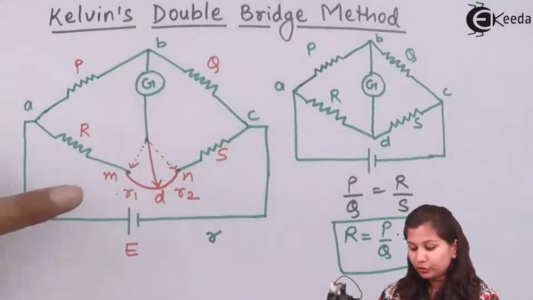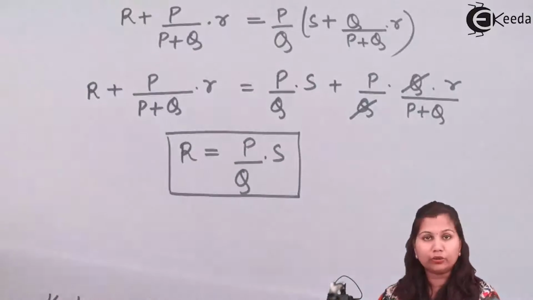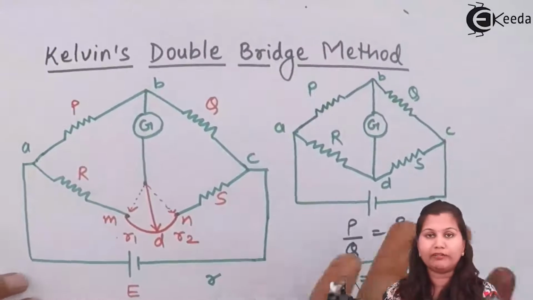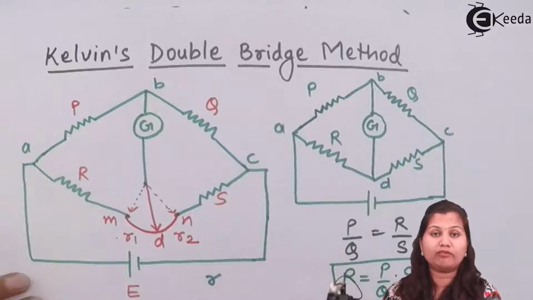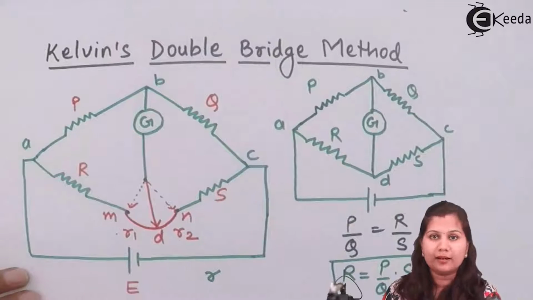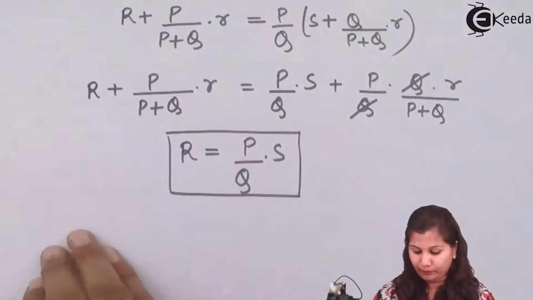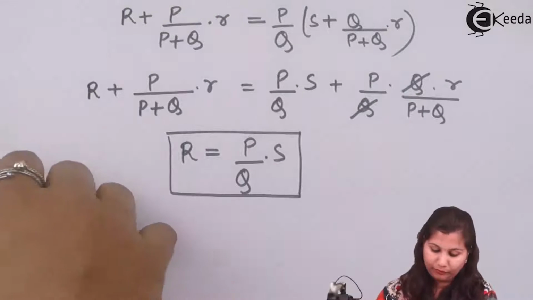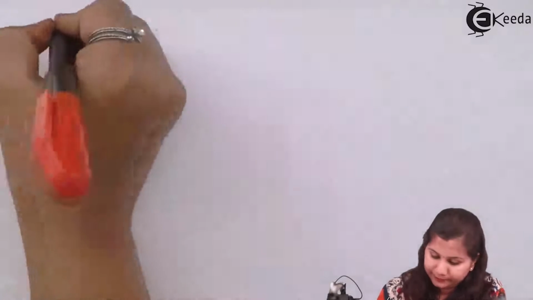Through this expression you get to know why we are doing the modification in the Wheatstone bridge, what is the requirement for this modification. Now in the Kelvin double bridge, we are having a second set of ratio arms, so that is why its name is double bridge.